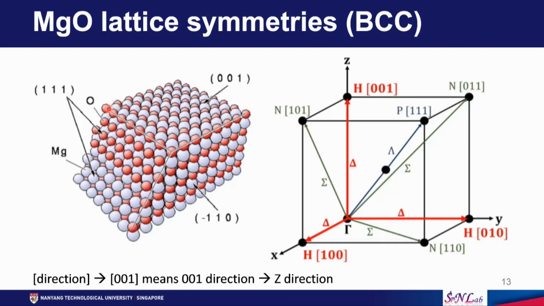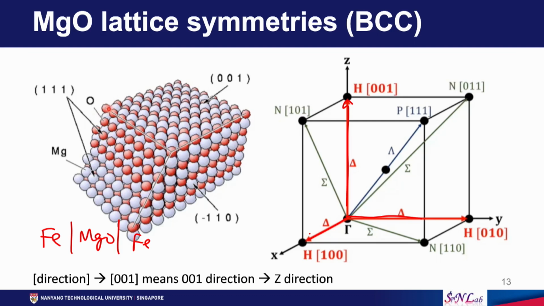Okay, so, in this case, for example, these are the delta band directions and these are the directions where the probability for electrons to tunnel from one iron layer to the other side of the magnesium oxide, another iron layer, is higher.